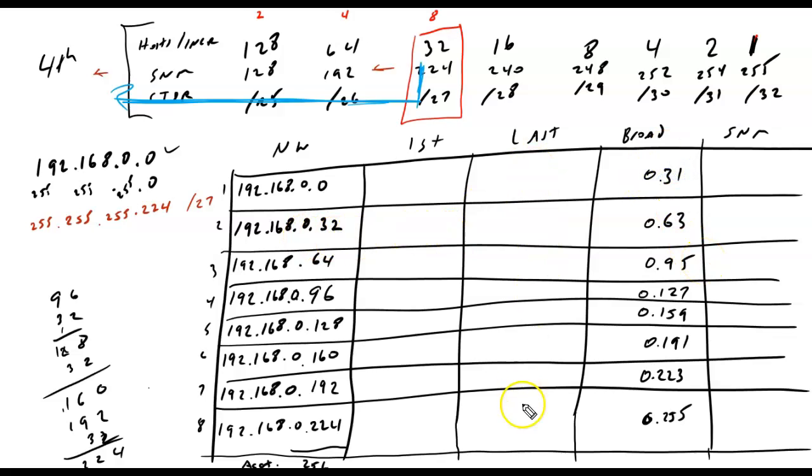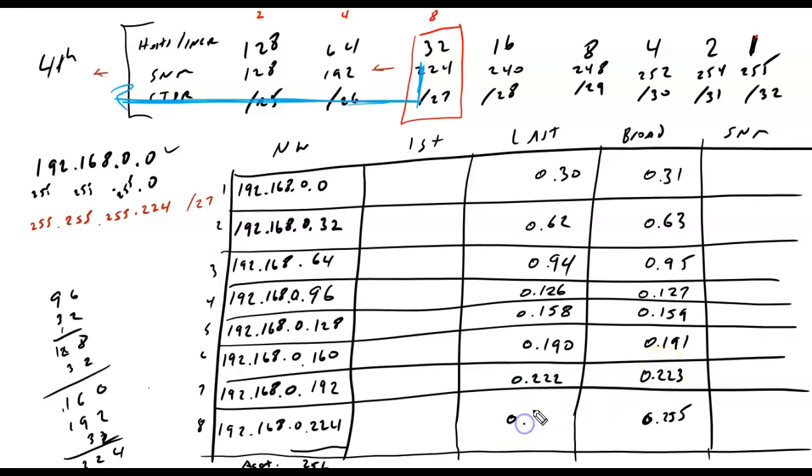Now we can do the last addresses. It's just one less than the broadcast address. So instead of 0.31, this would be 0.30. This would be 0.62 here. 0.94. 0.126. That's a 159, so 0.158. 0.190, which is one before 191. 0.222.